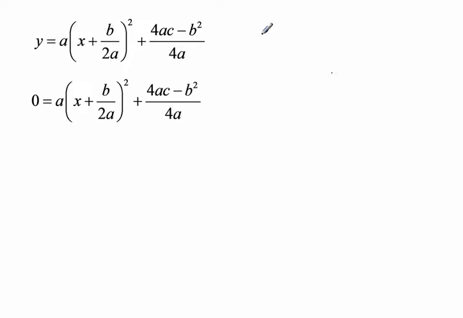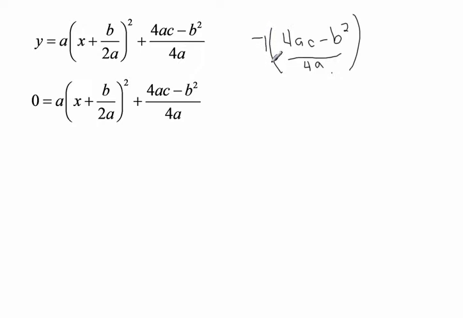Now I'm going to take a look at that. If I take the opposite of 4ac minus b squared over 4a, I can just multiply through with the negative 1 right here.